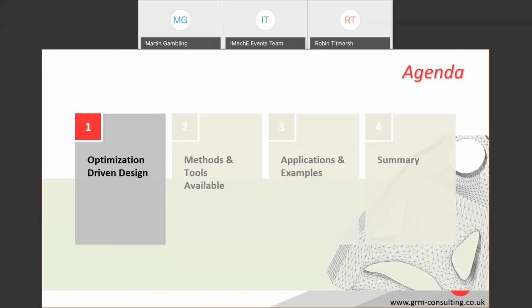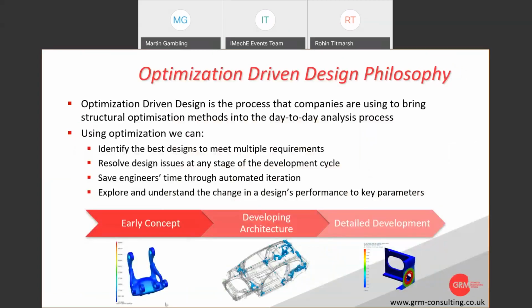So if we start off with optimization-driven design, what is it? What do I think it is anyway? My personal feeling is it's a philosophy of using optimization in the engineering development process in the aspects of automotive design, rather than considering some of the optimization techniques that are either used just at the start at a concept level or something that's performed at the end of a developed part.